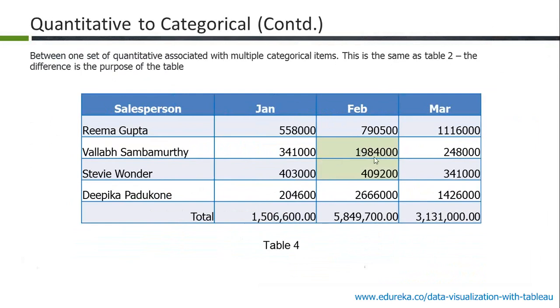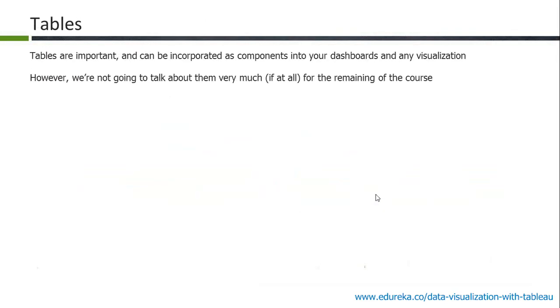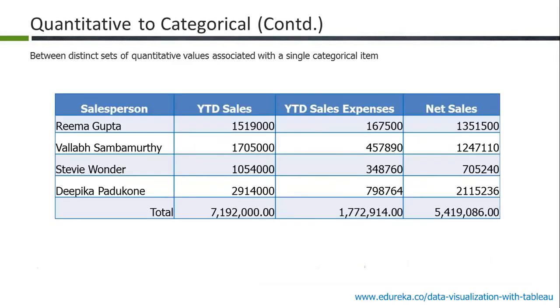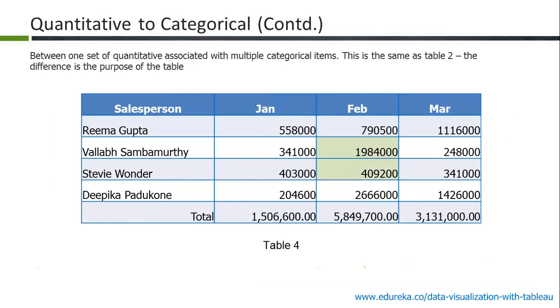Number one is this one, which is showing me who has done the highest sales in the month of Feb. Similarly, it's also showing me how Steve's performance was in the month of Feb. So the table is the same, but the purpose has become different because I have highlighted a few blocks.